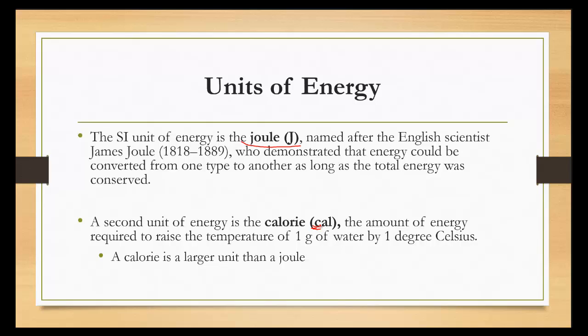This is the amount of energy required to raise the temperature of 1 gram of water, specifically water, by 1 degree Celsius. A calorie is larger than a joule. It takes 4.184 joules to equal just 1 calorie.